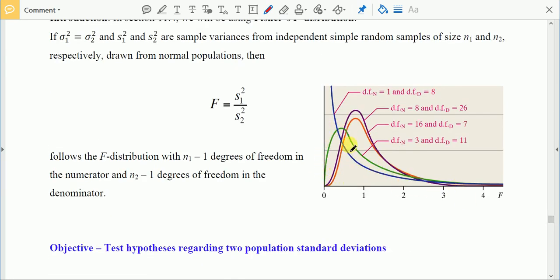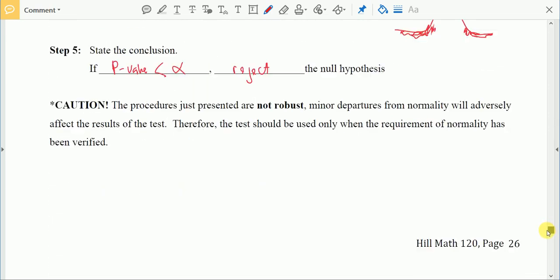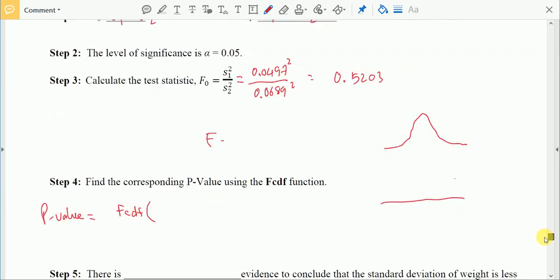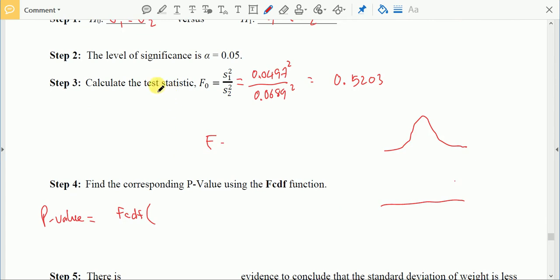It's just similar to the chi-square, so it's not symmetrical. So I guess the test statistic is 0.5 something.